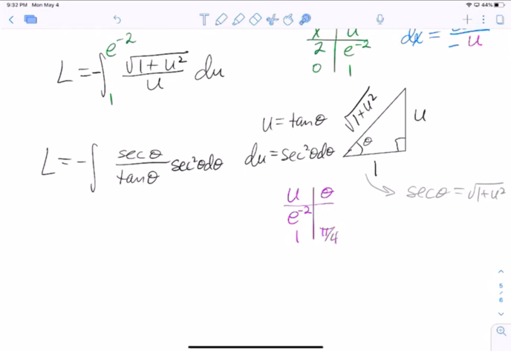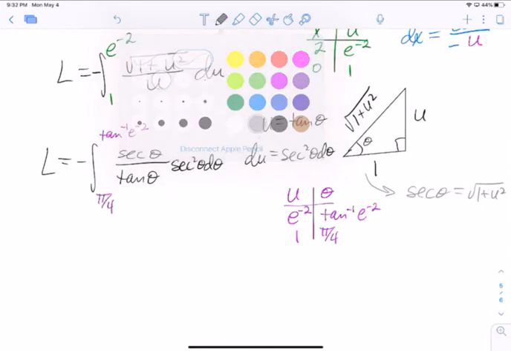If u is equal to e to the negative 2, I have no recourse but to use an inverse tangent. So theta is equal to the inverse tangent of e to the negative 2. So those become our limits of integration, pi over 4 to the inverse tangent of e to the negative 2, which looks terrible. Again, so does the integrand.